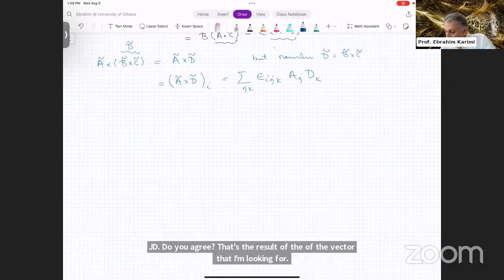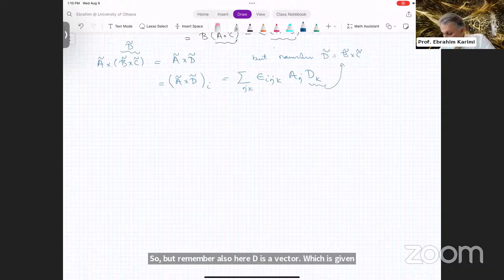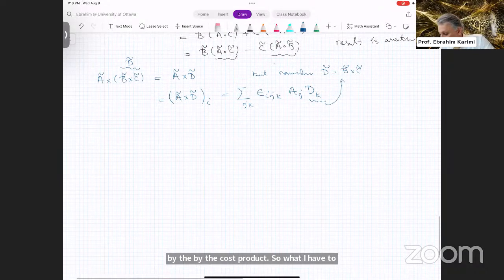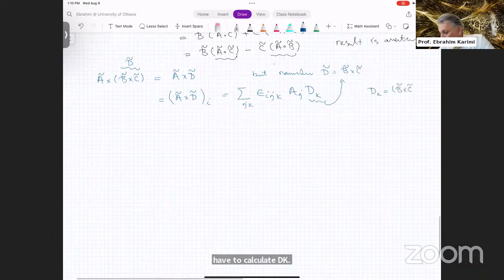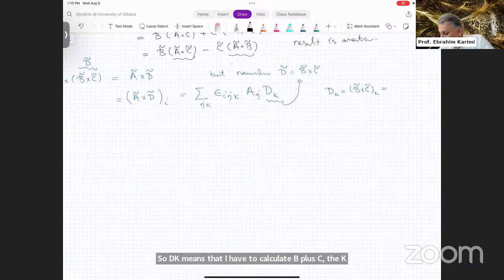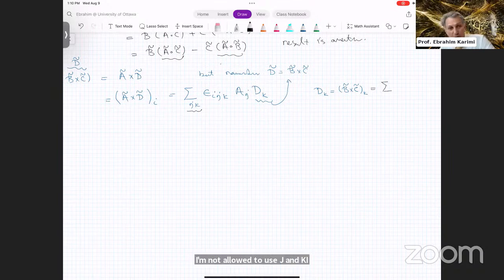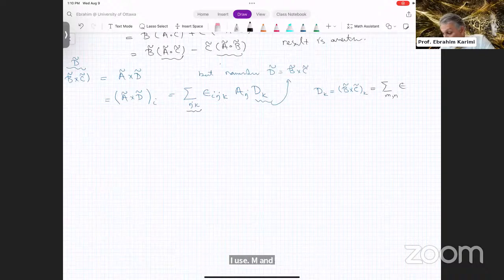But remember also here, D is a vector which is given by the cross product. So what we have to do is calculate D_K. So D_K means that I have to calculate the K component of B cross C. The K component of that is equal to a summation. I'm not allowed to use J and K anymore, and I'm not allowed to use I as well. I have to use another notation, so I use M and N. Then I have again epsilon.